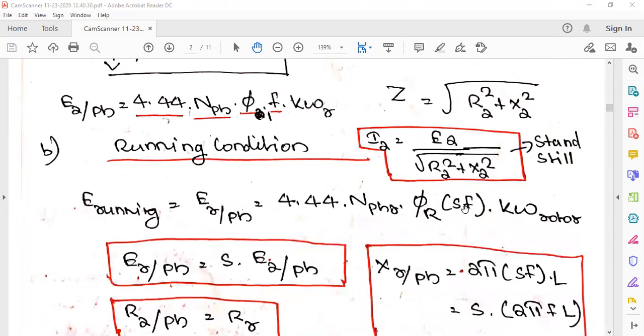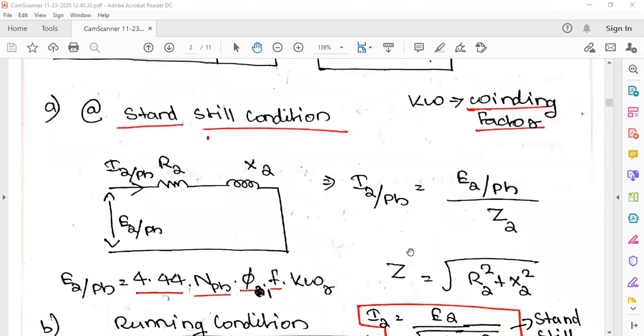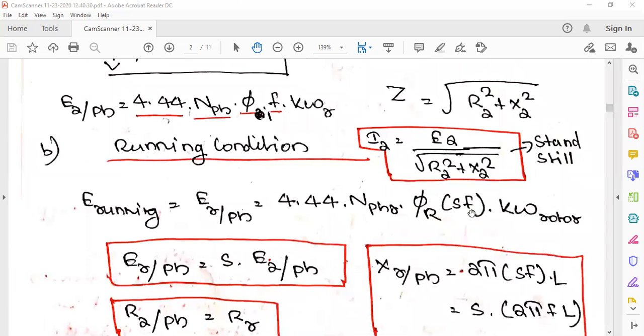Now we will move on to the running condition, where the rotor is rotating. In that case, the EMF in the secondary, E running, that is the EMF at the rotor side per phase, will be 4.44 into Nph running, that is related to the speed of the rotor, into the resultant flux into the winding factor, because when we are rotating, the flux will change and we take the overall resultant flux only.